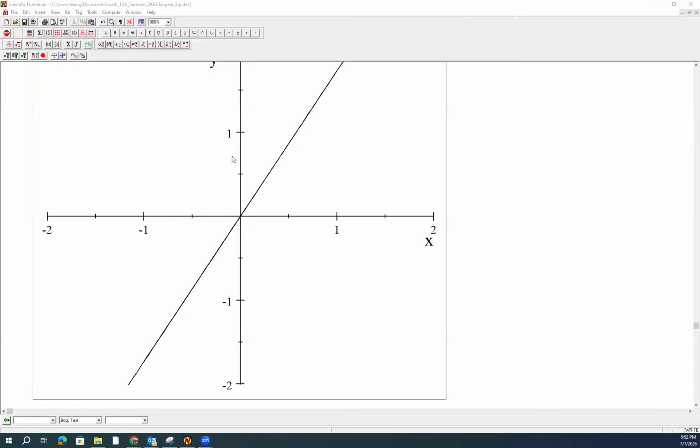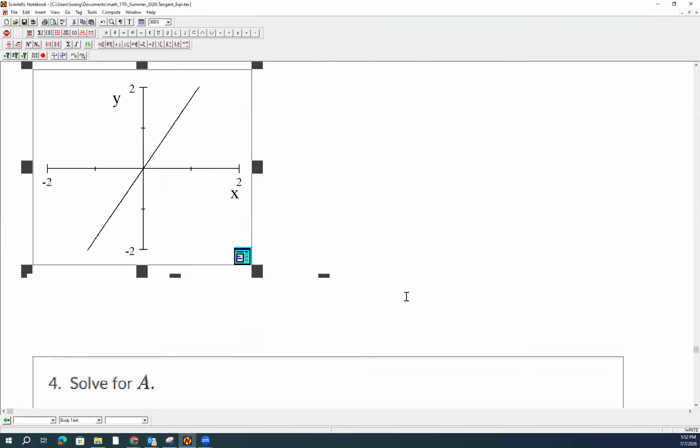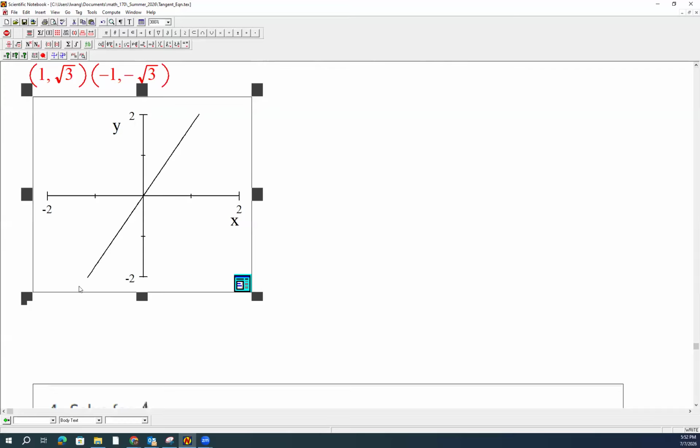If you use the point method, hold on, let me make it a little smaller because we can't see as well. Let me just mark the points. One is 1 comma root 3, there's a point here, and negative 1, negative root 3, right?